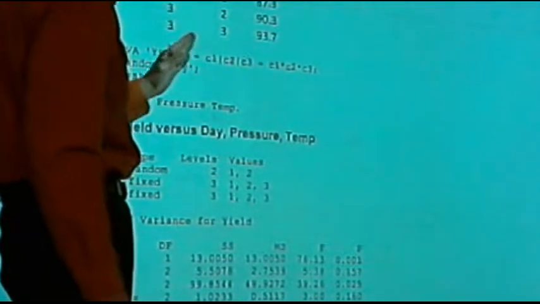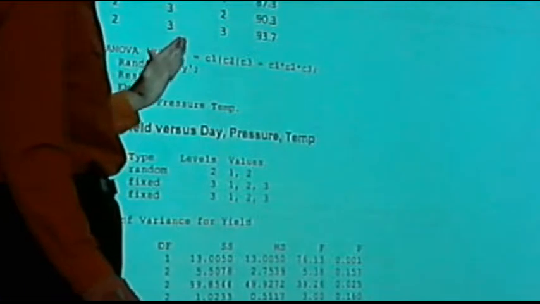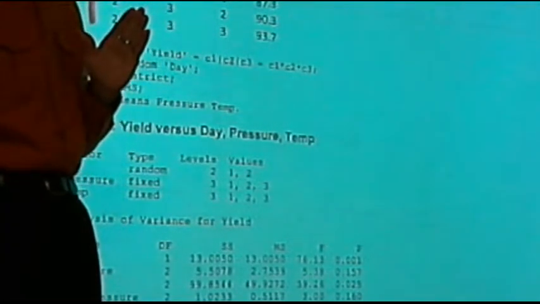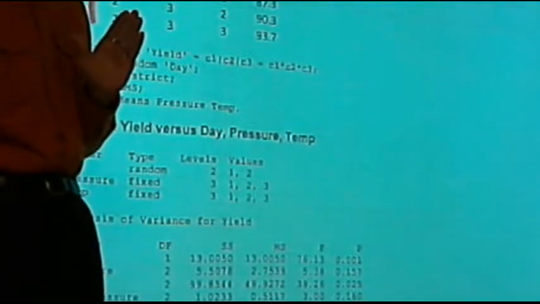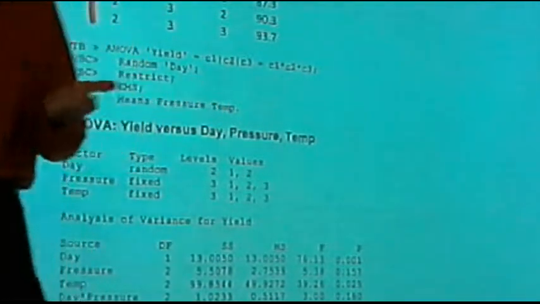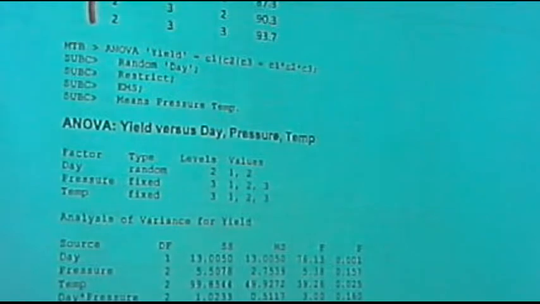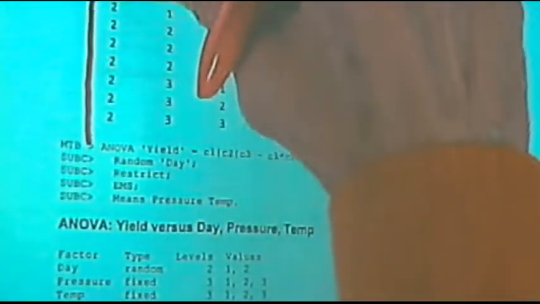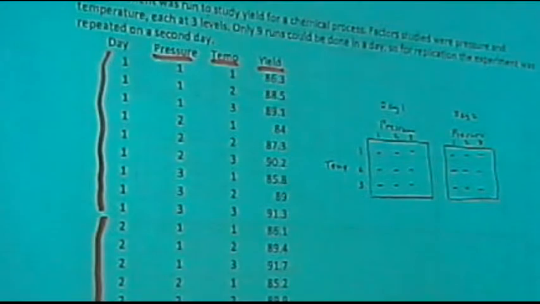So I look at these three factors, and the only one that's random is the date. The other two variables, pressure and temperature, are inherent in the nature of the business. Those wouldn't normally be random at all, so those are fixed. Day is random.